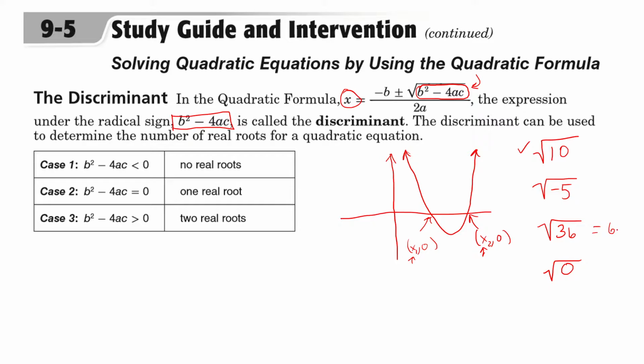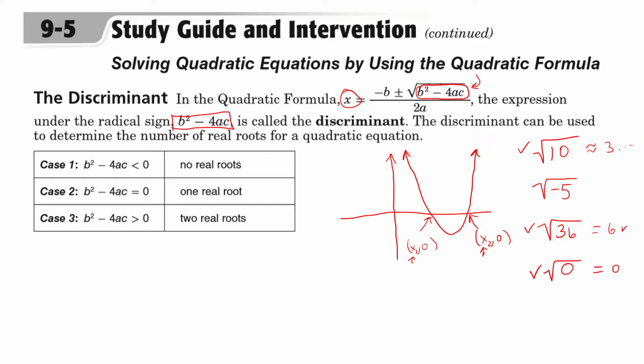So in essence, the square root of 36 and the square root of 10 are giving us very similar answers. They're giving us two real x values that we're going to be able to put on a graph. This one's going to be an easier one to graph than the square root of 10, but they're giving us two answers. That's why they're similar.